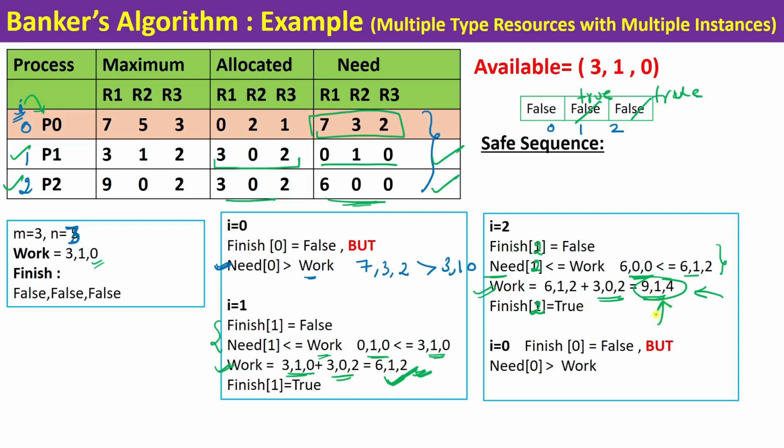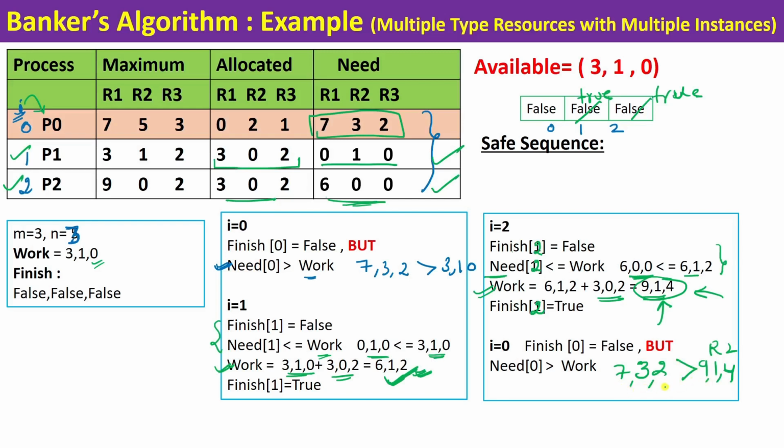Work means the available resources are 914, and the need is 732. So 7 is less than 9, that is okay, but 3 is greater than 1. That means for resource R2 we are asking for 3 instances, but we have only 1 instance of R2. So this condition will be treated as need greater than work.